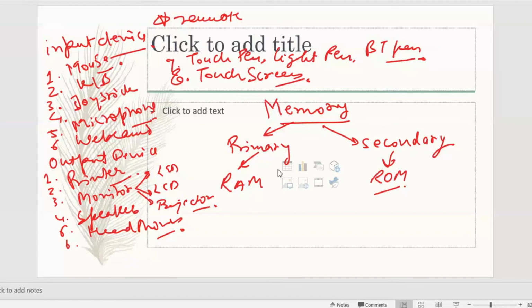Instruction set. Now what we have to understand is that each and every microprocessor, if you talk about 8086, if you talk about 8085, has its own language. If 8085 speaks English, 8086 speaks like Spanish.